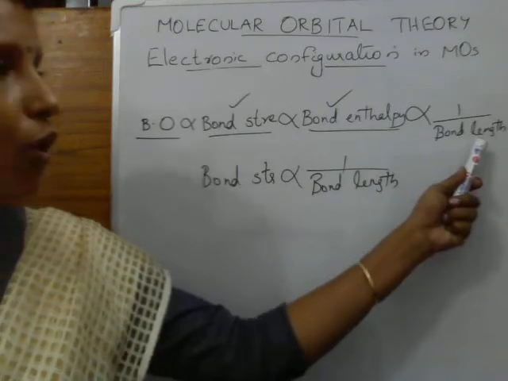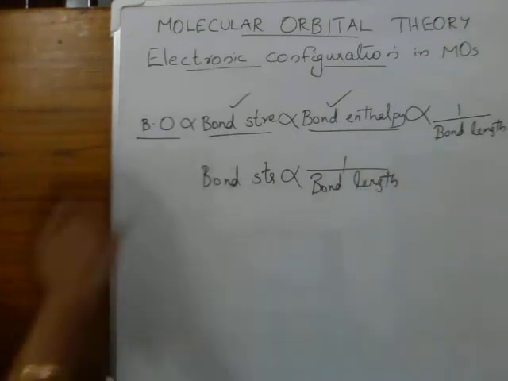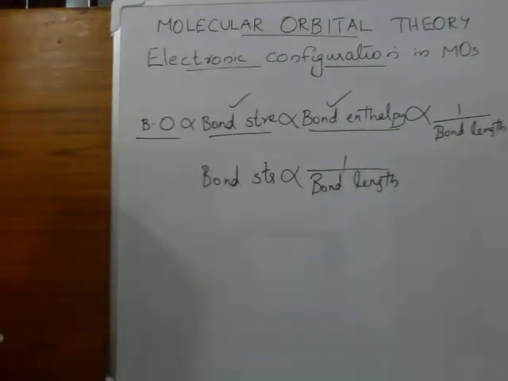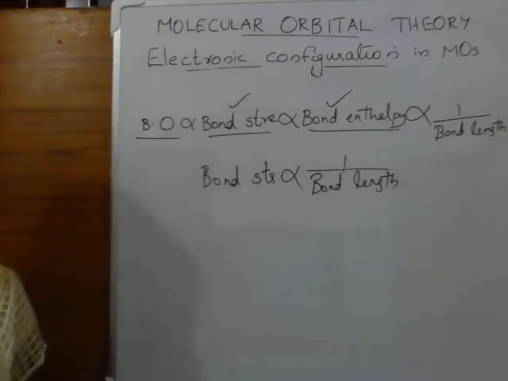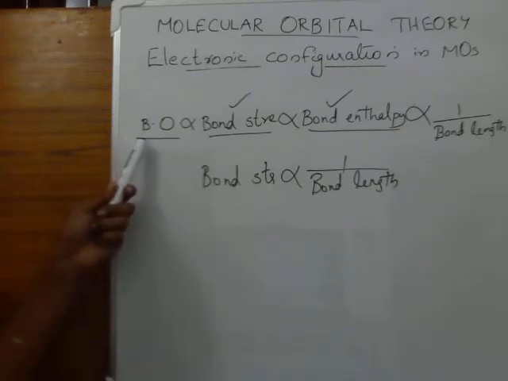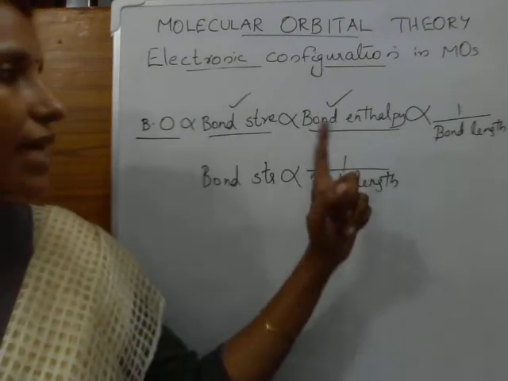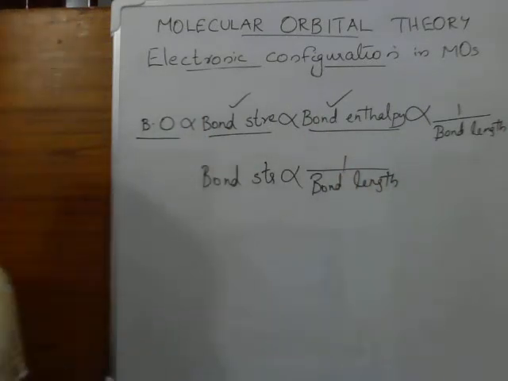The order of bond length will be the opposite order of bond order. As the bond order increases, bond length decreases. So from the bond order values, we can compare the bond strength, bond enthalpy and bond length of different molecules.